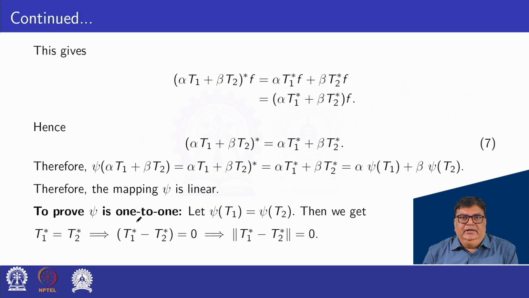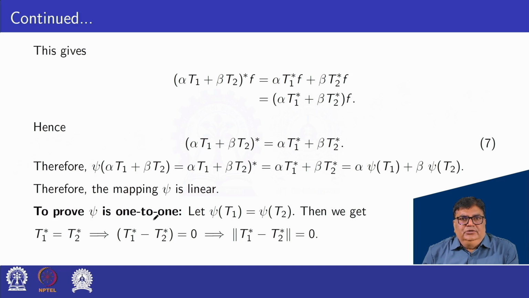To prove ψ is 1 to 1, let ψ(T1) equal ψ(T2). Then we get T1* equal to T2* as per the definition of ψ(T). Okay. So this can be written as T1* minus T2* is equal to 0.